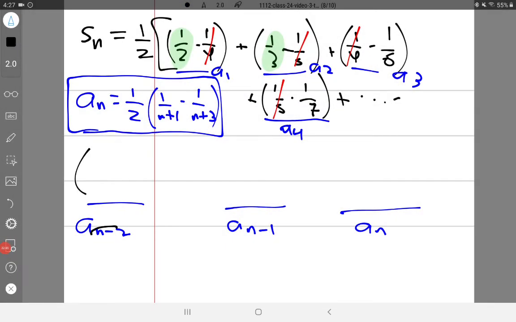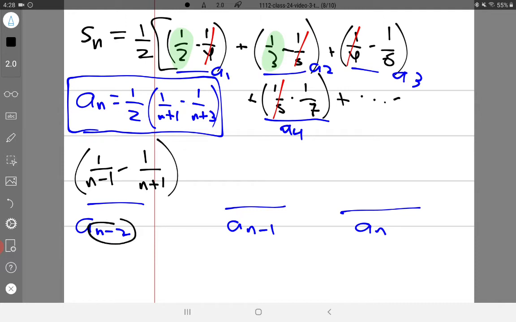So when the index is n minus 2, I'm going to plug that in here where I see n. And I try not to get hung up on the fact that I'm using the n twice here. Imagine plugging in this n minus 2 expression right here in for both n's. And so what I would get is n minus 2 plus 1. So I'm going to have 1 over n minus 1 minus 1 over n plus 1.